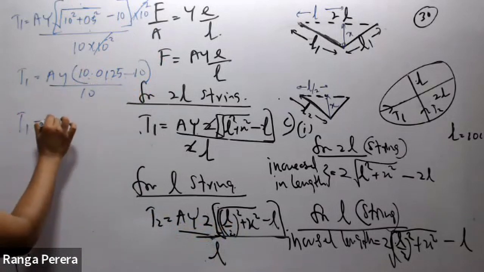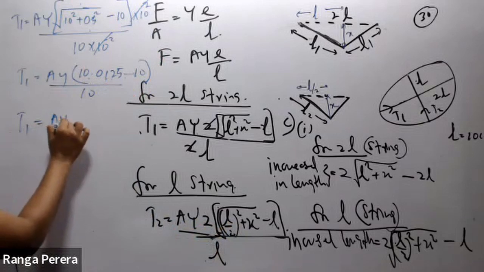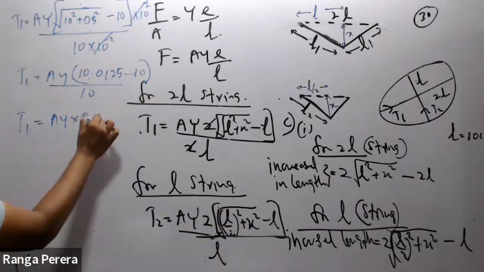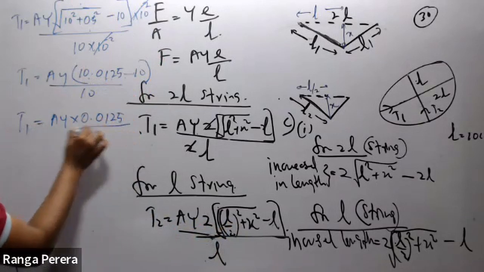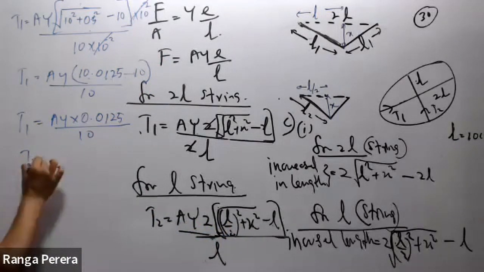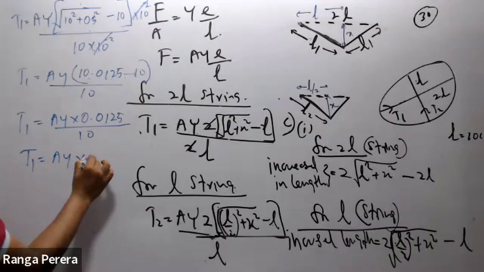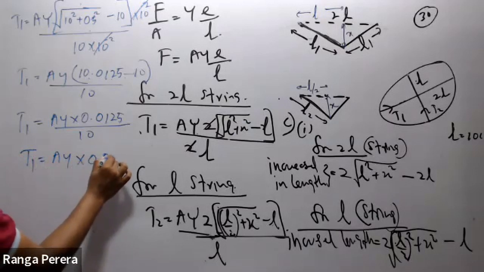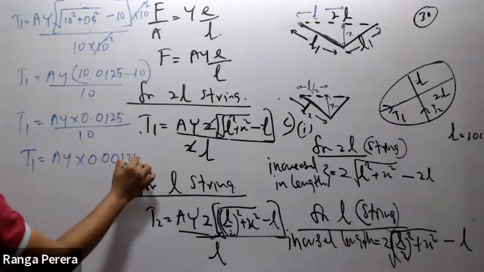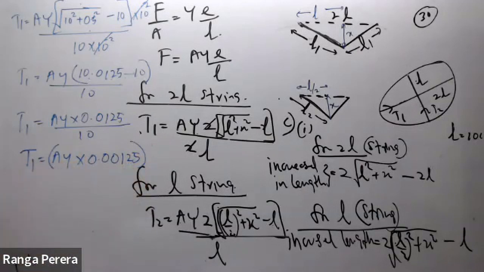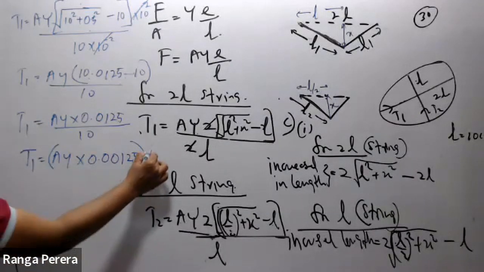T1 equals A Y into 0.0125 divided by 10, so T1 equals A Y into 0.00125, let's say in Newton.